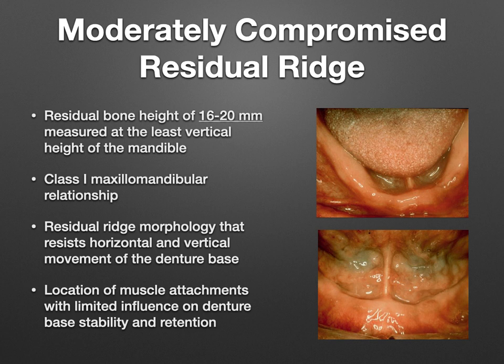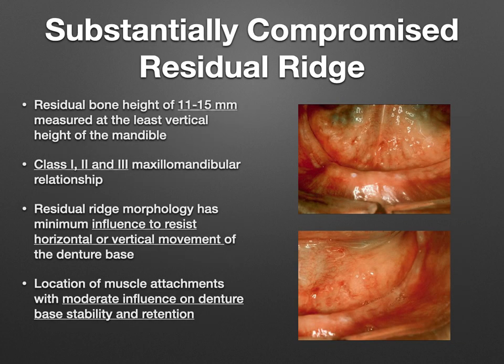If a residual ridge is still able to resist, with the frenum attachment just a little bit affected, that will be moderate. As you can see, this case shows that the lower lingual frenum is attached a little bit over the ridge. So we know that we may need to do some compensating treatment options there.